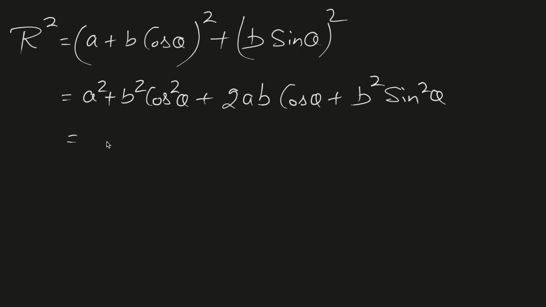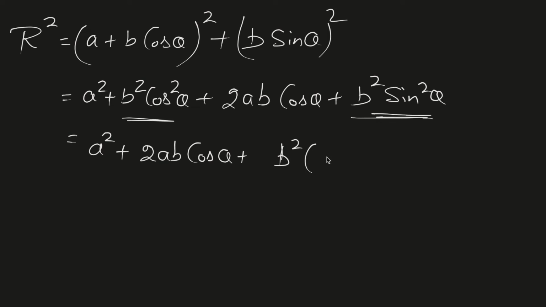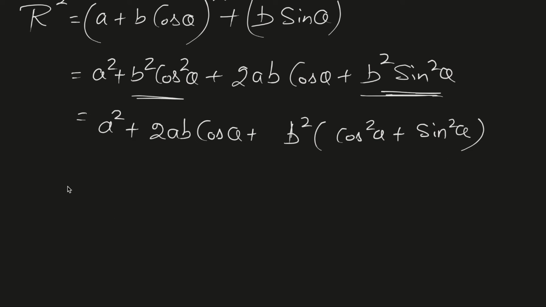Clubbing these values, we get a square plus 2ab cos theta, then taking b square common, cos square theta plus sine square theta comes out to be 1.